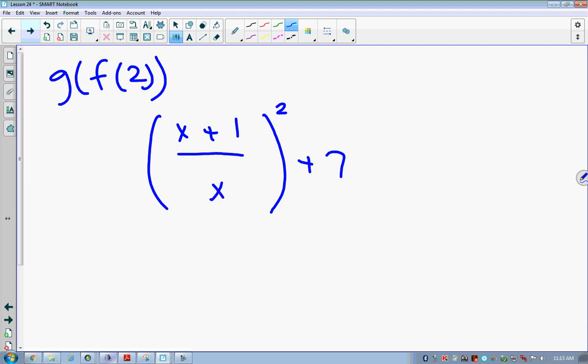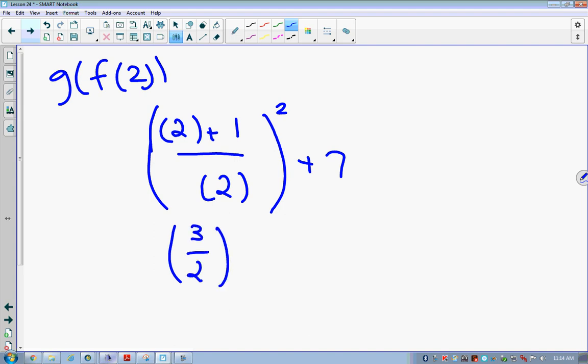Okay, what am I doing? Am I doing anything else? Really, because it is a situation where I am plugging something in for x, right? I'm going to leave parentheses there and plug in what? 2. So 2 plus 1 over 2 is 3 halves, squared, plus 7. What is 3 halves squared?